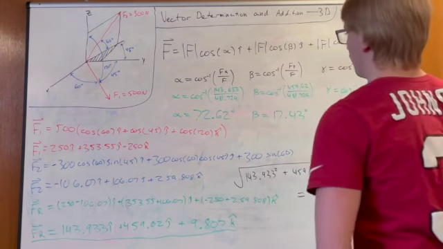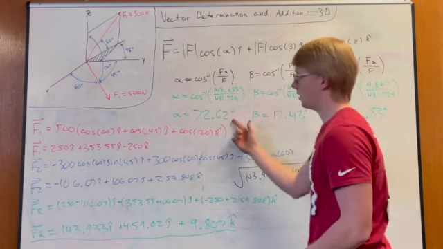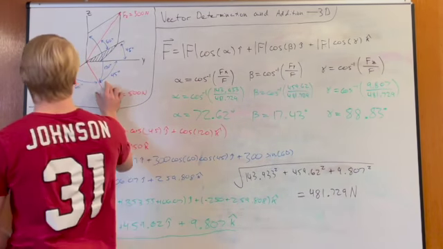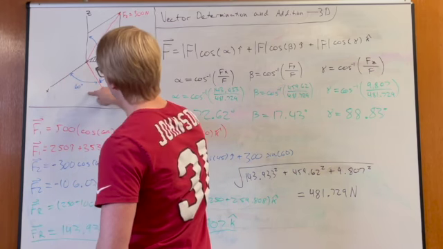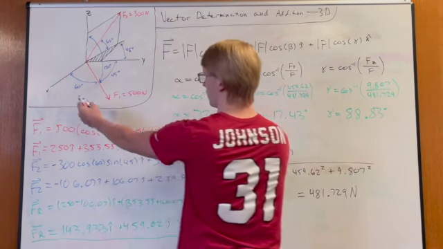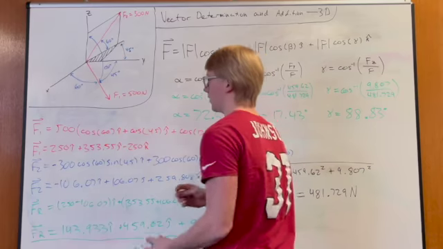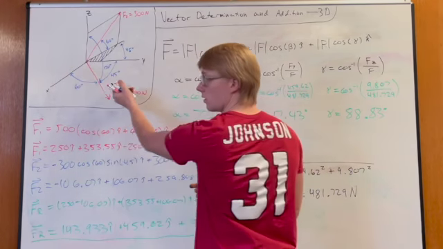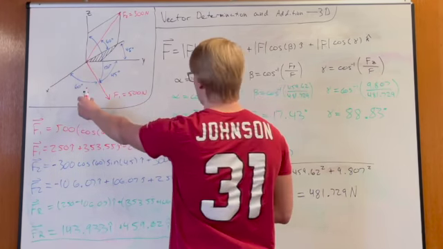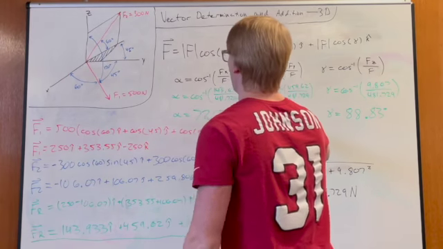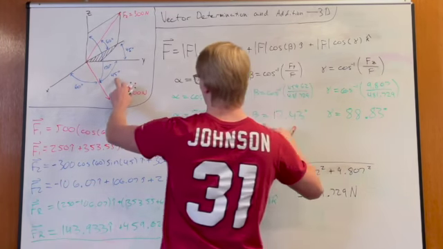And so what these mean, you can see it with F1. This is alpha, right, at 60. The resulting vector is going to be about 72 degrees instead of 60. The beta is this one right here.